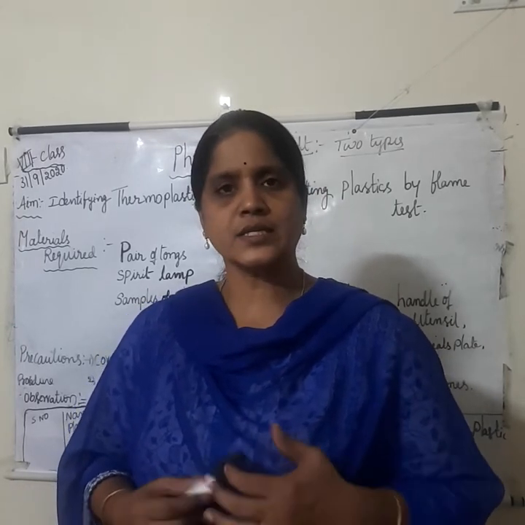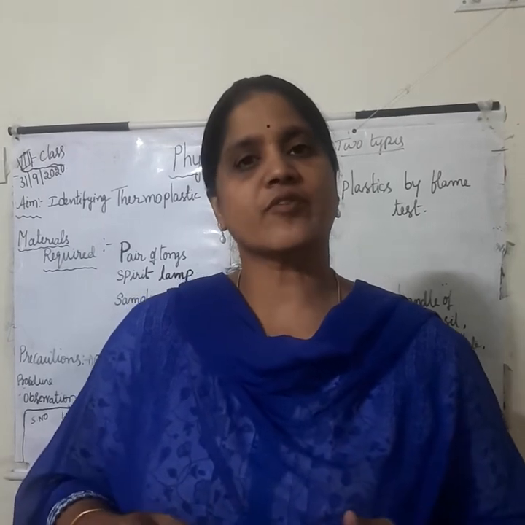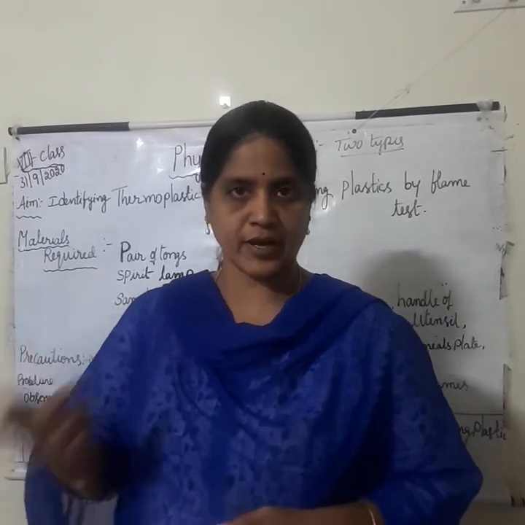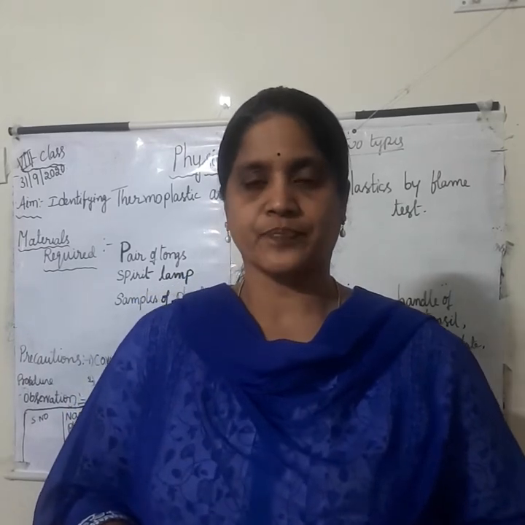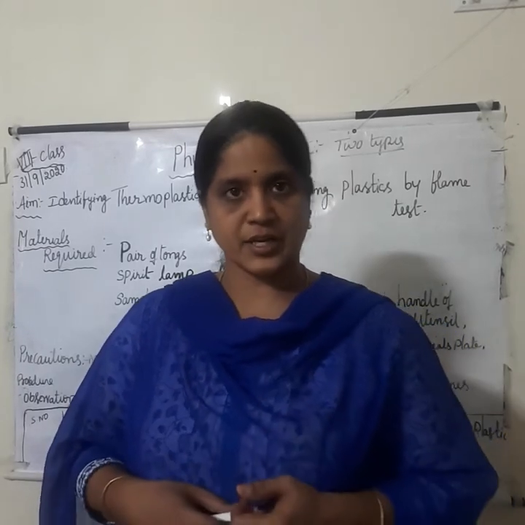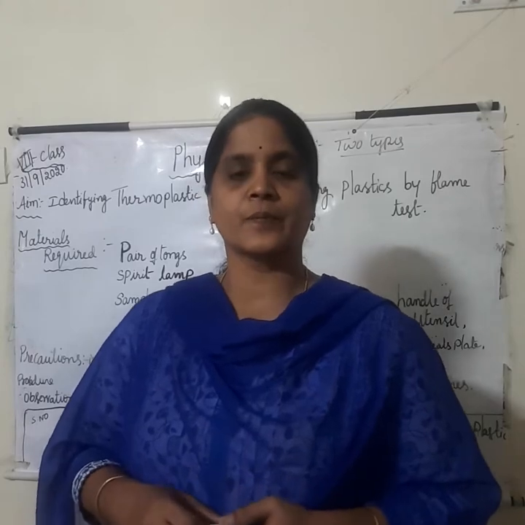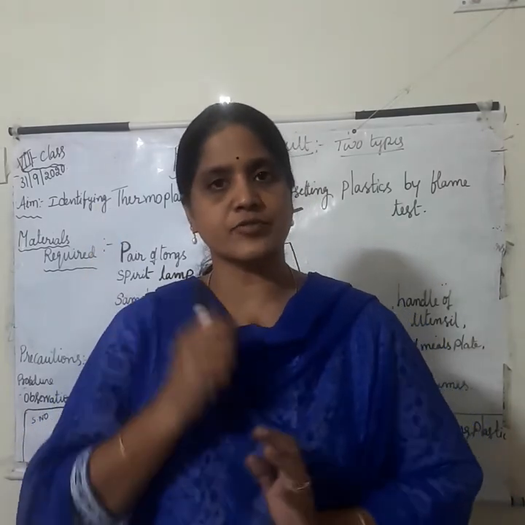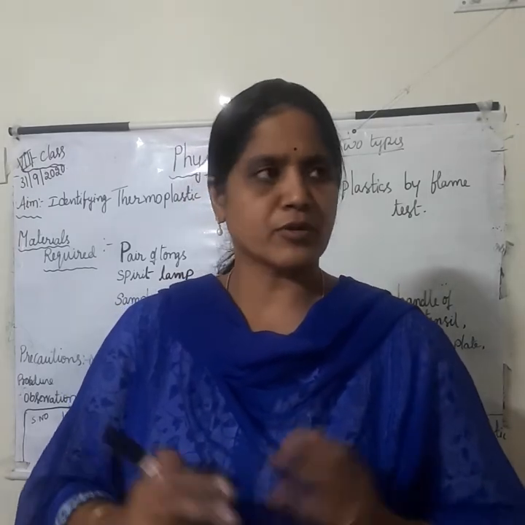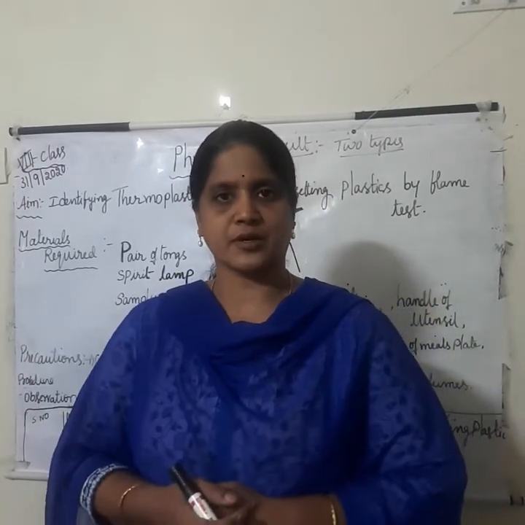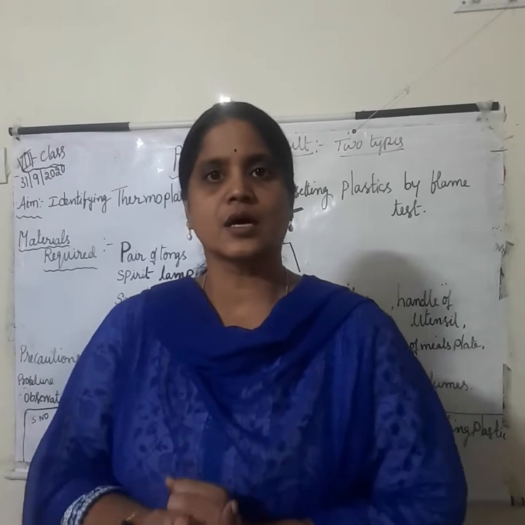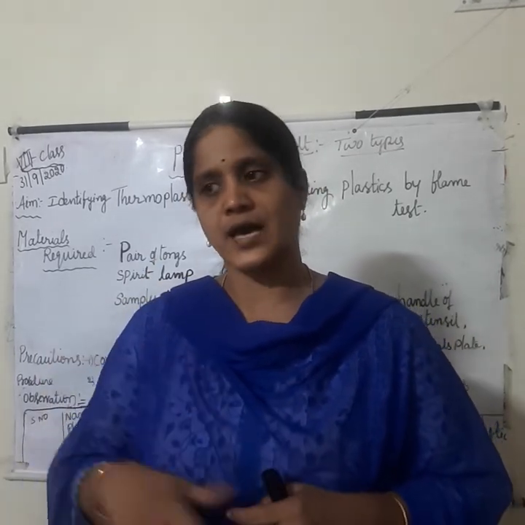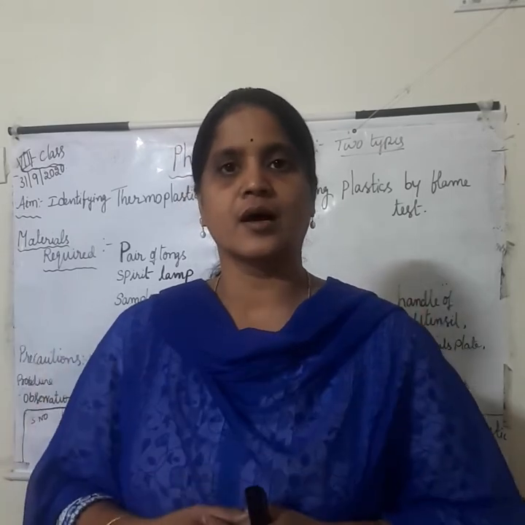Now, in each lesson, one lab activity is given. So in this third lesson we have one more lab activity. In this lab activity, suppose you collect pieces of several types of plastic items, like a plastic pen, comb, bucket, handles, different items.